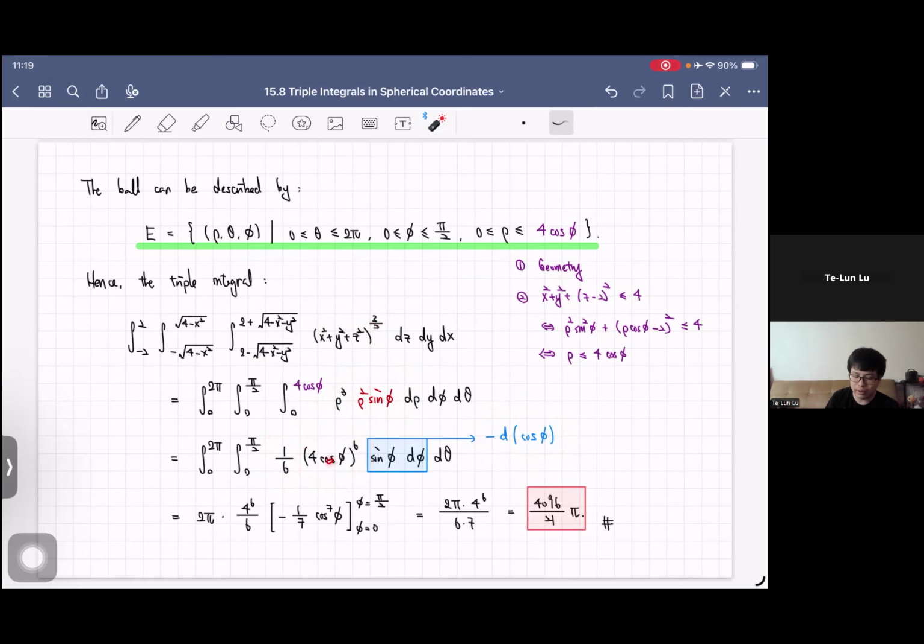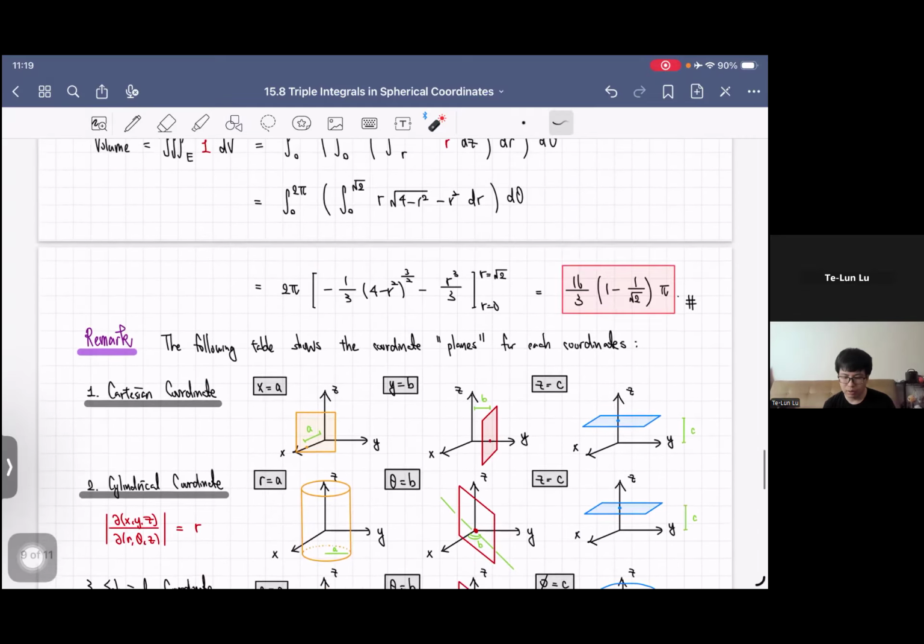So you're simply integrating cosine phi, which you get 2 pi times 4 to the power of 6 over 6, and then finally minus 1 over 7 cosine to the power of 7. Plugging in the corresponding angle for phi, which is 0 to pi over 2, you get this number, 4096 over 21 pi.